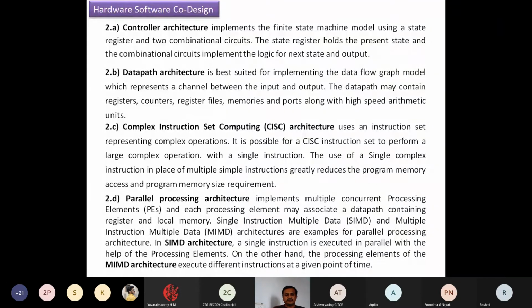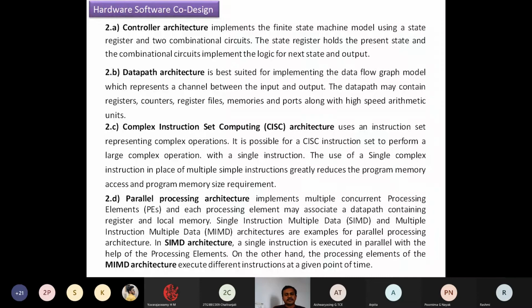local memories. So here it has single instruction, multiple data, and multiple instruction, multiple data architectures. In the single instruction, multiple data architecture, a single instruction is executed in parallel with the help of processing elements.